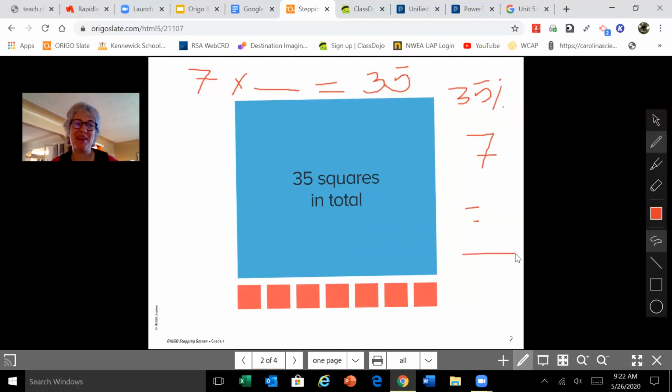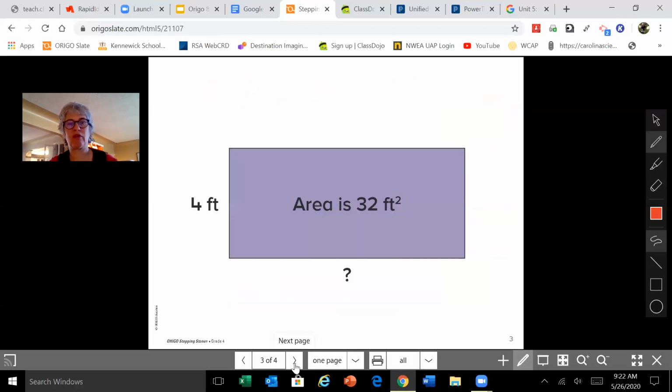Well, if you know your multiplication facts, which obviously I do, then we're going to know that this number is going to be 5. I'm not going to draw boxes because I can't do it very well with this, but I can draw 5 here. So 7 times 5 equals 35. So we can see how we're able to figure out this problem, either multiplication or division. Let's look at another slide.